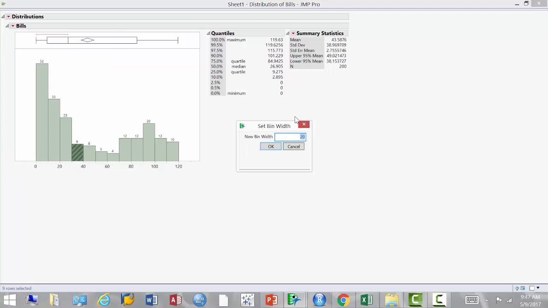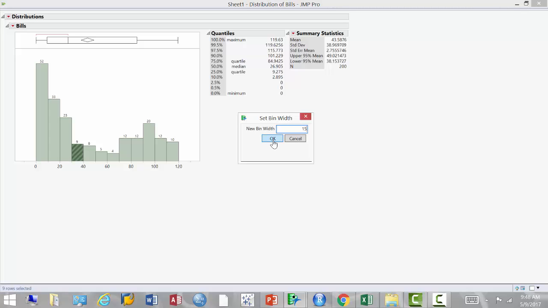If I click on that, it brings up the dialog. Right now it says 20. I don't know why, quite honestly. But right now I have 10 as the bin width, so let's go ahead and change that to 15.